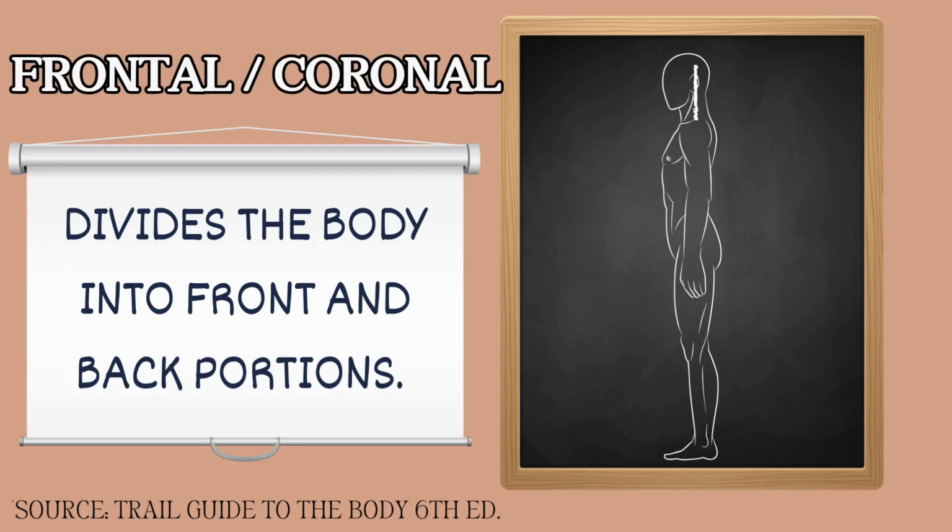The next plane of movement that we have is frontal or coronal. So this plane divides the body from the front and the back. Your pecs, your face would be on the front half of that divide. Your glute maximus and your shoulder blades would be on the back half of that divide.